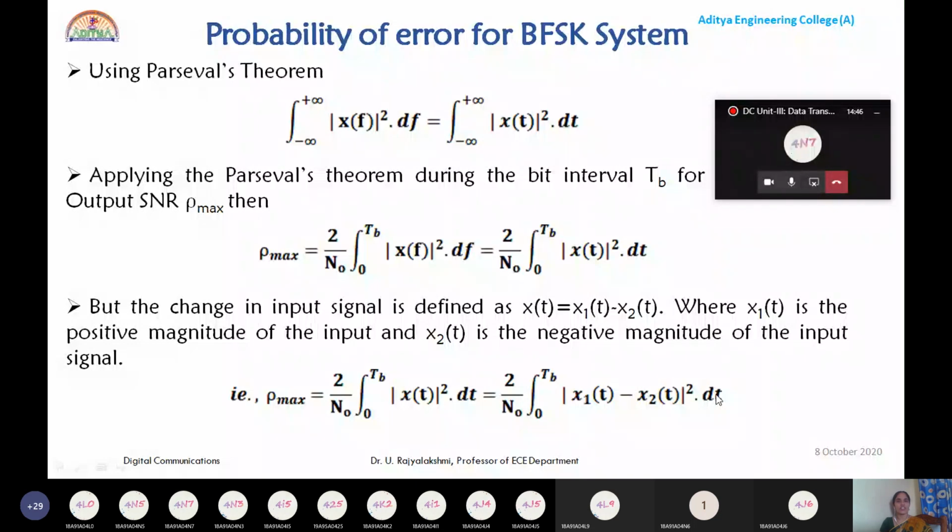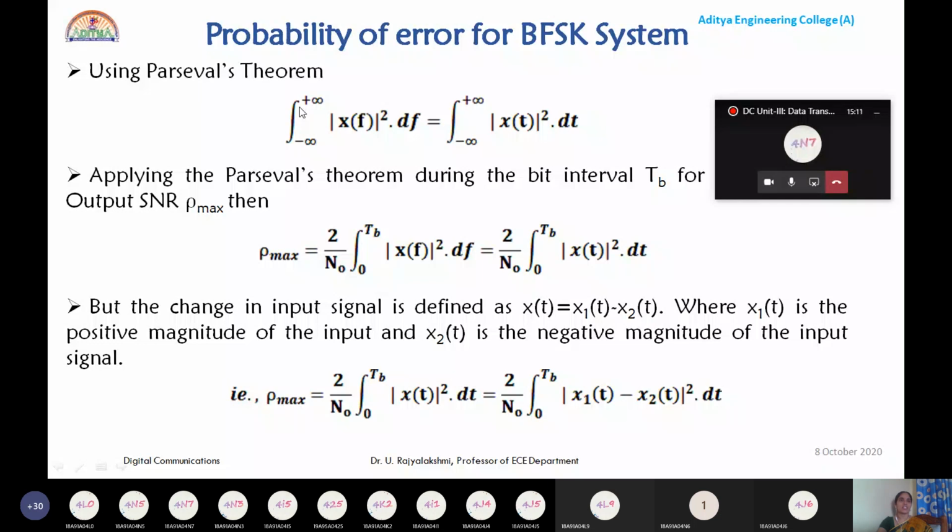So almost all the derivation is the same for all the systems up to this equation. What is the first step? First, take the output probability of error expression for optimum filter and define rho max, which is the square of output SNR.